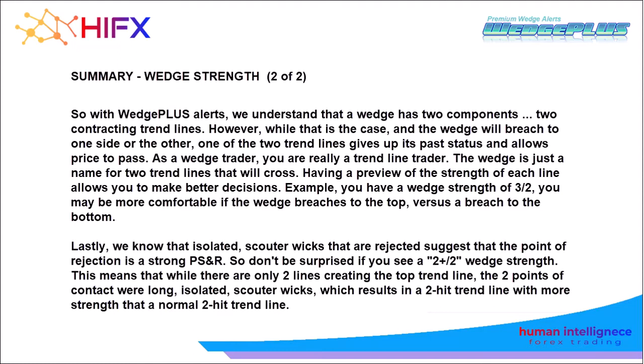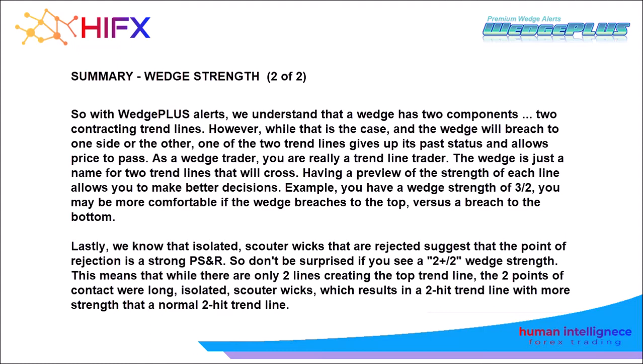So when we have a trend line that's made up of two scouter wicks, that's not a normal 2-hit trend line. And so what we'll do when we see that, and we've done this in our betas, when we see a trend line that's really strong because it rejected two scouter wicks, we can't give it a 3, but we're going to give it a 2+.